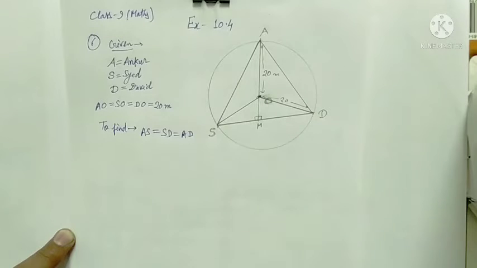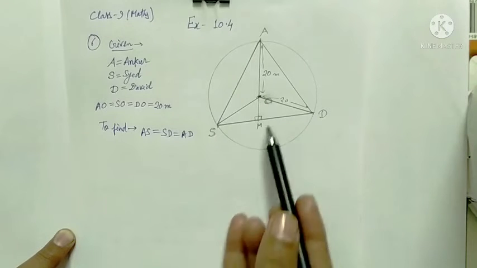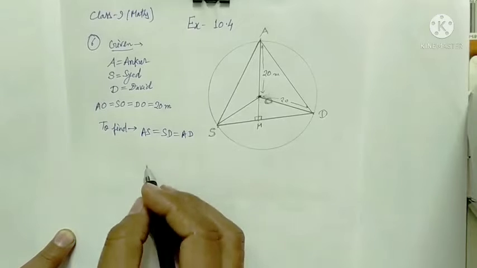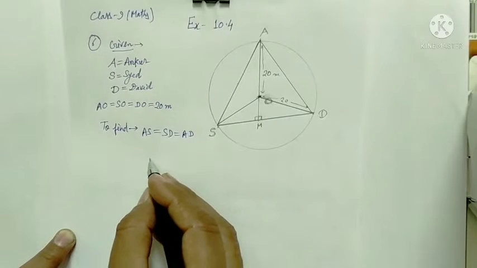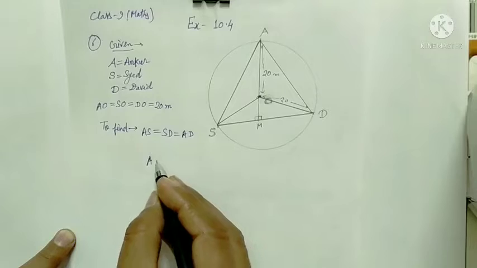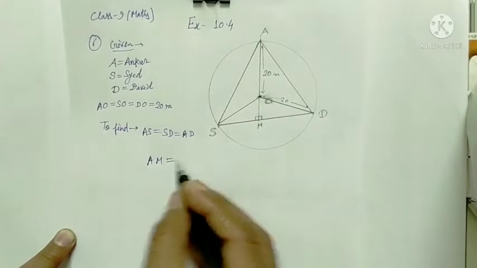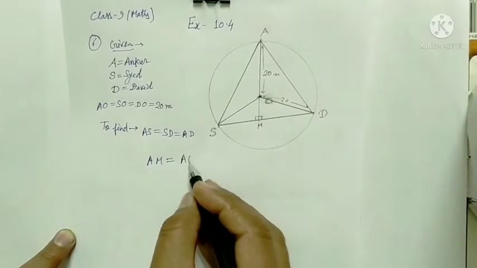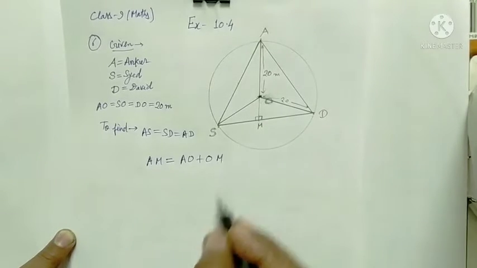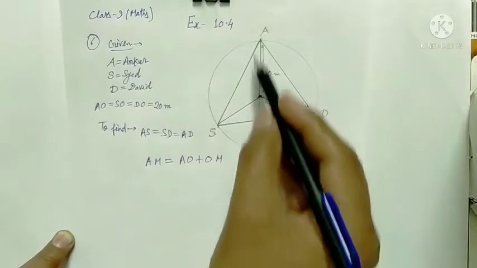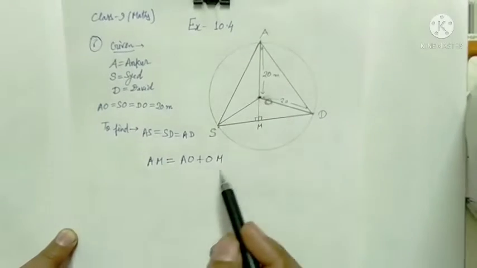That is the statement of the centroid theorem. So it's very simple now. We can say here that AM is the part of AO plus OM. AM is equal to AO plus OM.